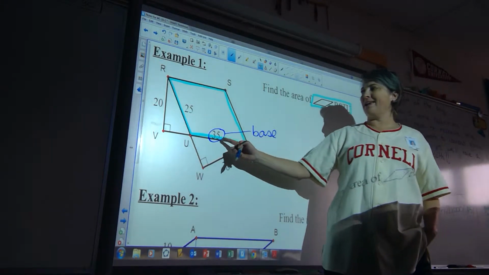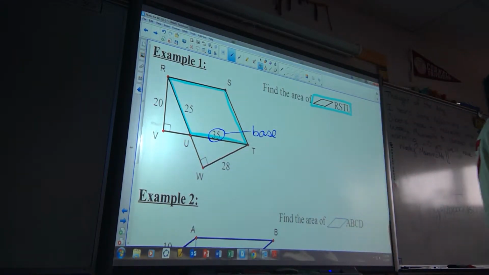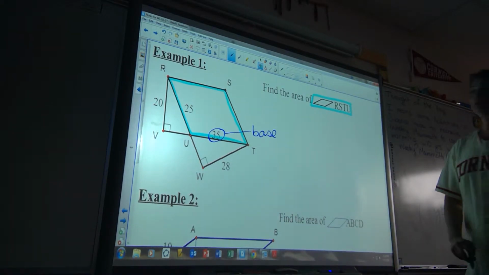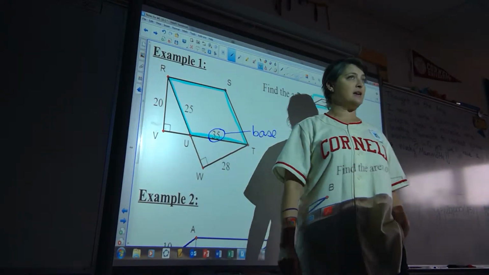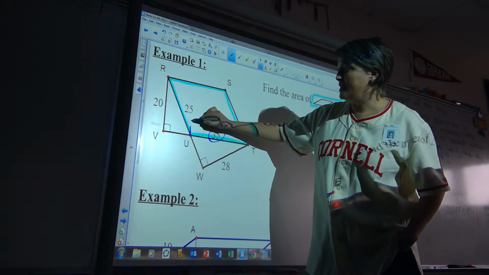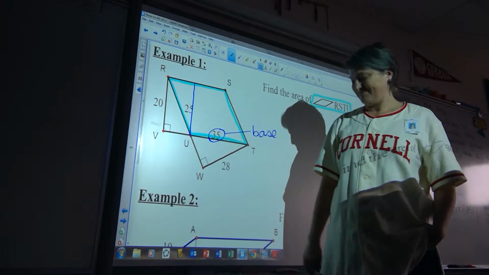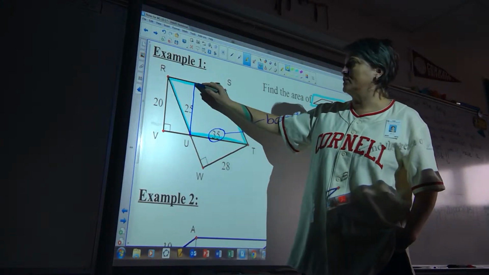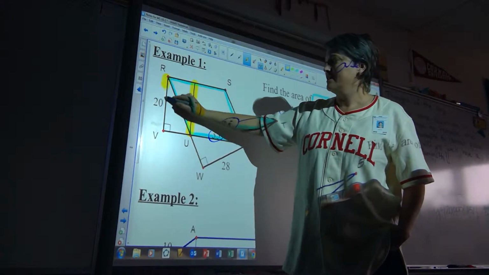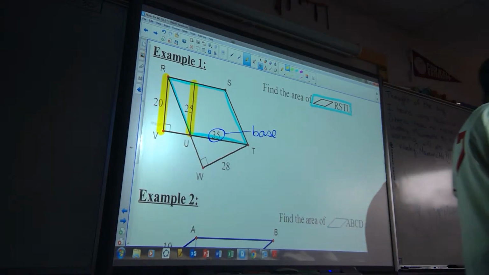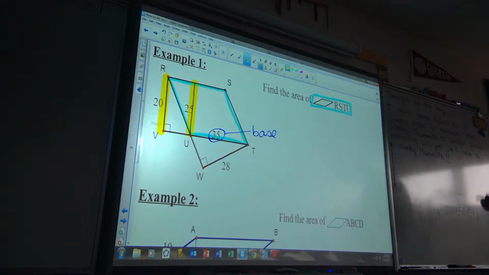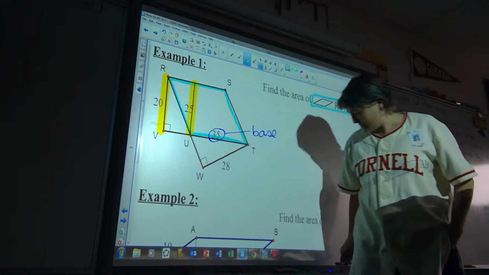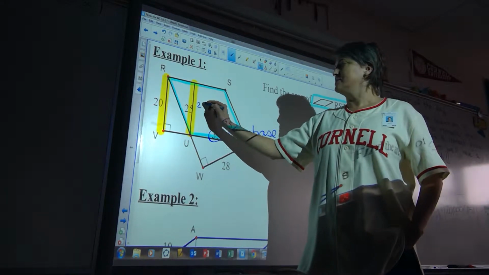But if that's the base, is 25 the height? No, the 25 is not the height. The height has to be here. But good, you are seeing it. Sometimes you have to look outside of the box. See what I did there? Look outside of the parallelogram. Yeah, okay. So that is a 20.